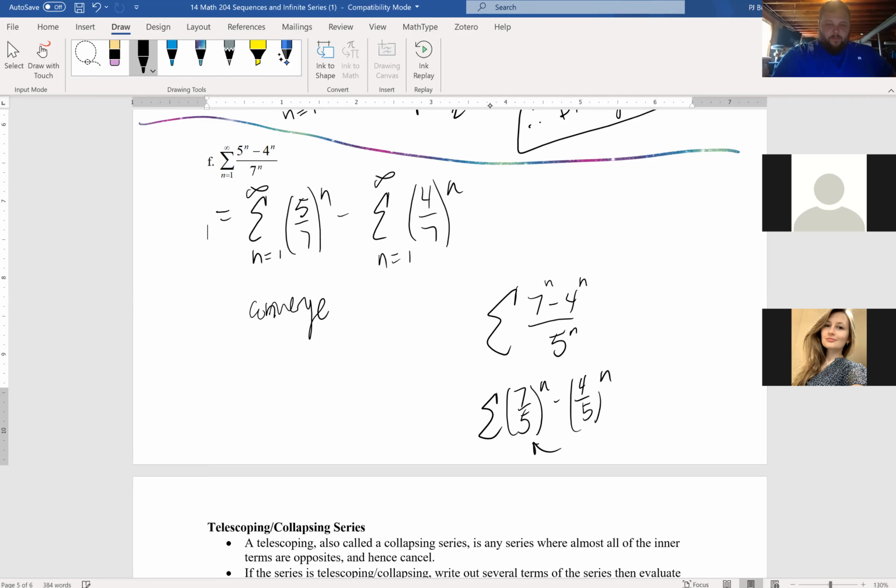This one would diverge, and therefore, I don't care what this one does at that point. This also would diverge. Handwriting's terrible. Come on, erase.